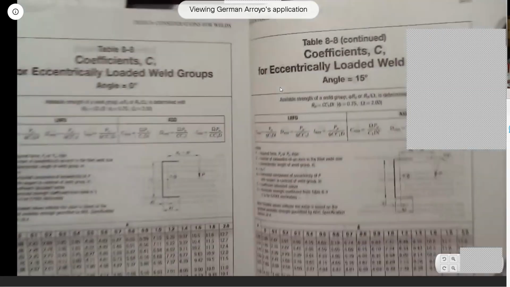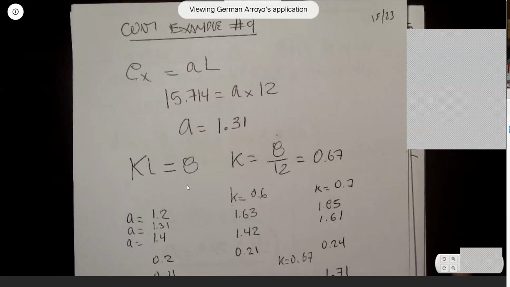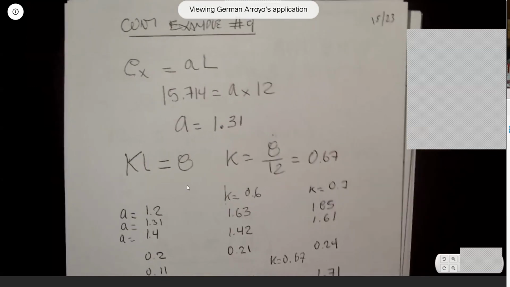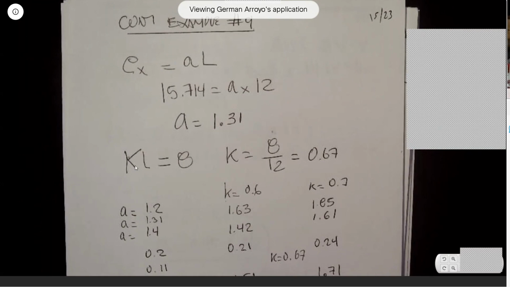You can see in the code that this is L. In our case, it's 12 inches. So the only thing that we have to find is the value of A. This constant came out as 1.31.